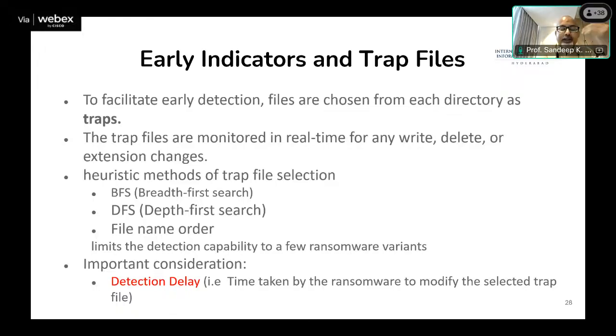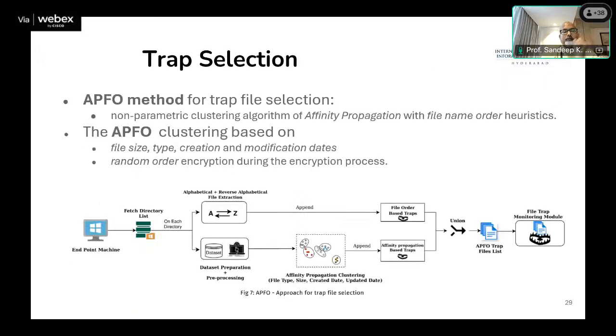But if it is doing neither and doing alphabetic order, then I have to put my trap file with an A. But if I put it with an A and that ransomware is going in the reverse manner, then I have to use a name with Z. So it is very difficult to create a generic place or generic set of places where the trap file has to be put. This picture basically shows this.